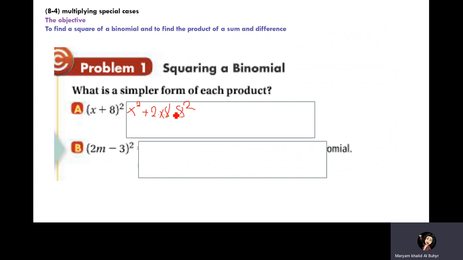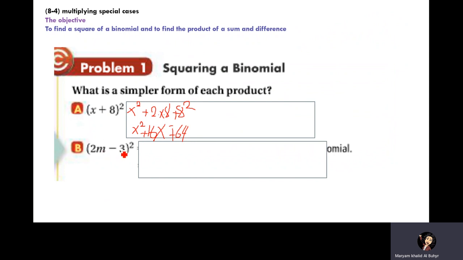Now I will organize my work. That will be x to the power 2, 2 times 8 is 16x, plus 8 squared, 64. That's it.